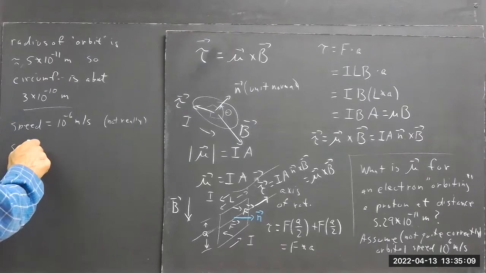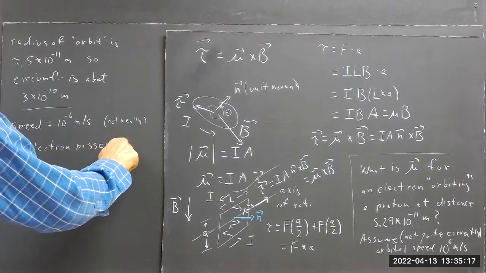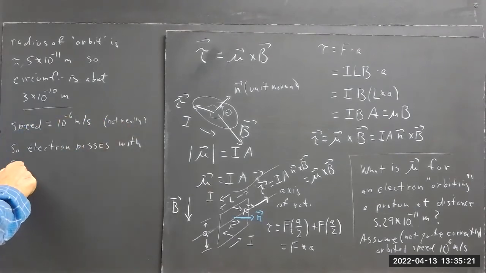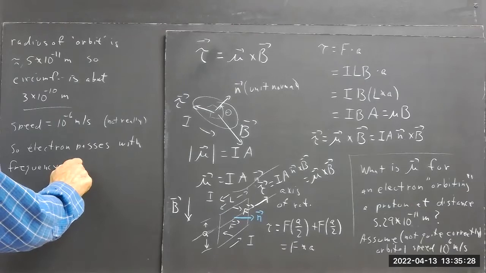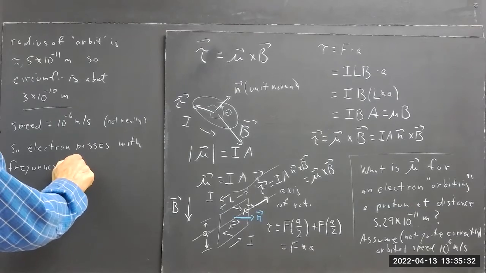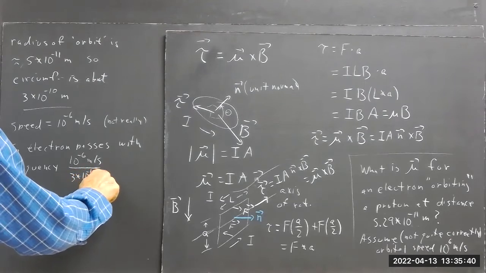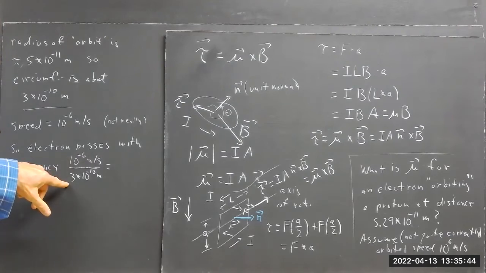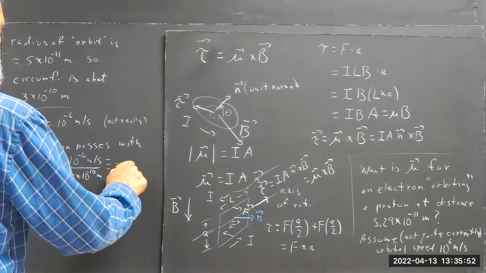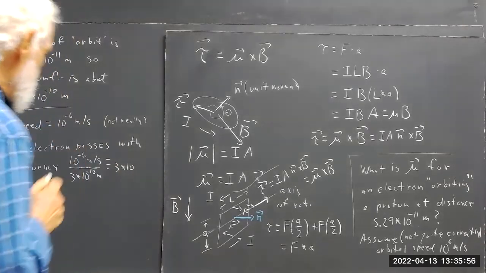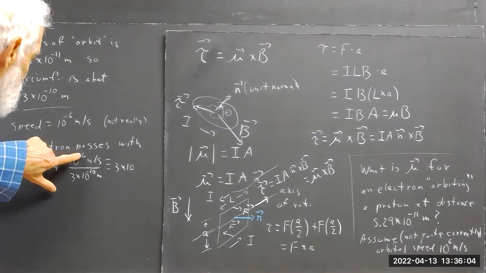I'll say it like this: the electron passes with frequency equal to speed divided by how far it has to go, which equals then, and it's not 10 to the negative 6 meters per second, it's 10 to the 6 meters per second.